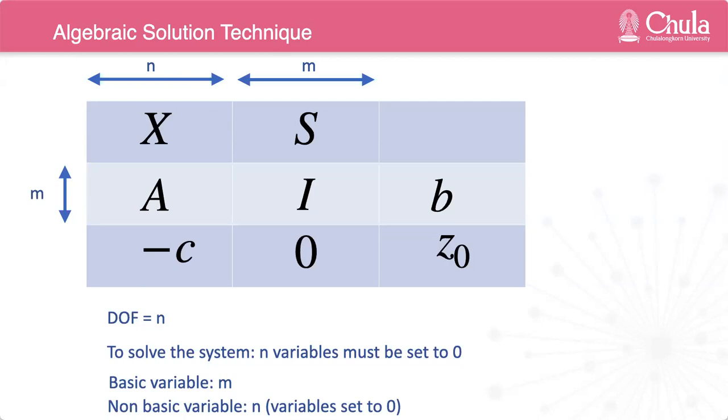What happens if we set all the n non-basic variables to be 0? Then the degree of freedom becomes 0, right? Because the degree of freedom is n, and then we set n variables to be 0. Okay, so you select n variables to be non-basic variables, and you set those non-basic variables to be 0. You can solve this problem.